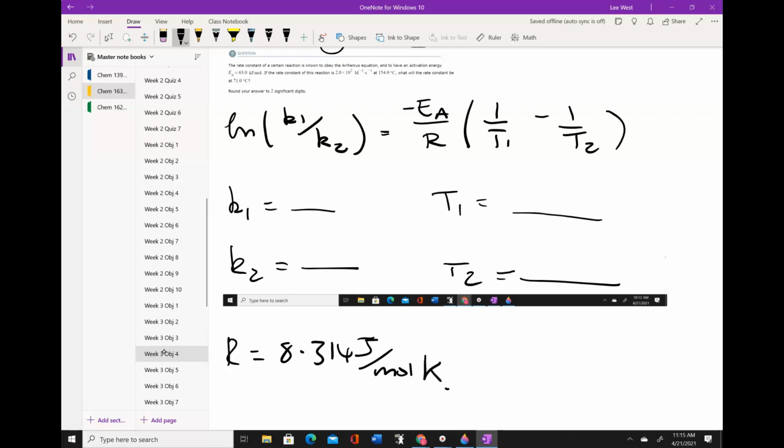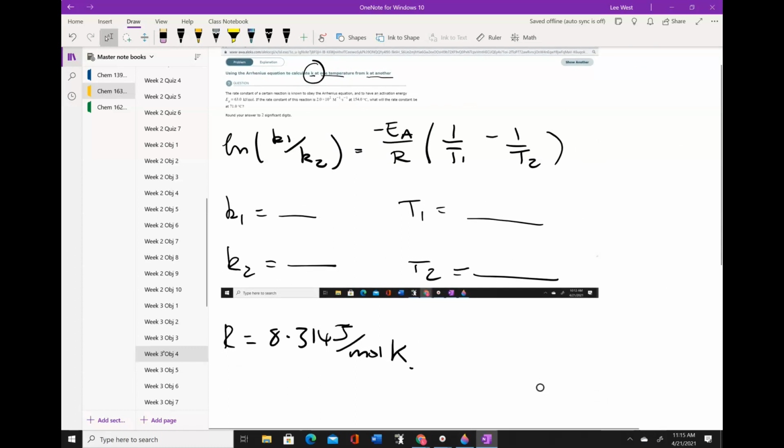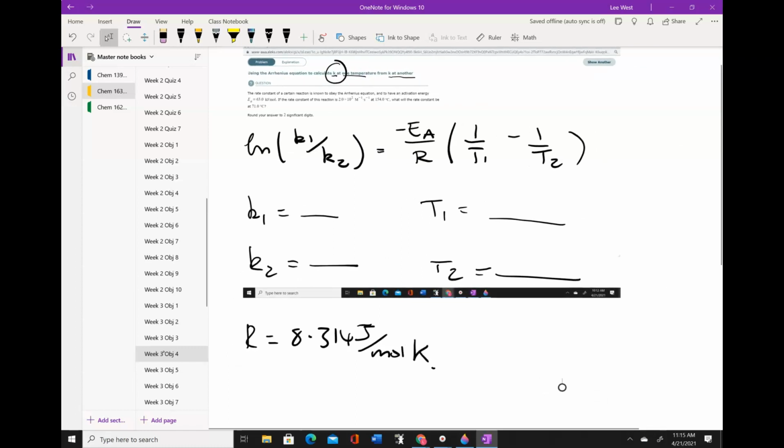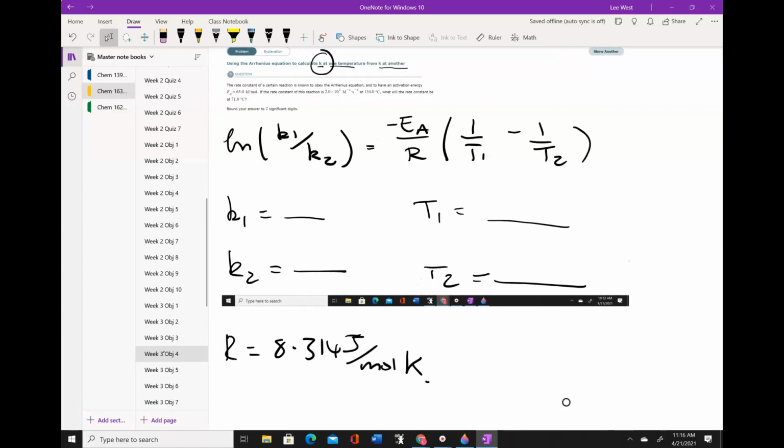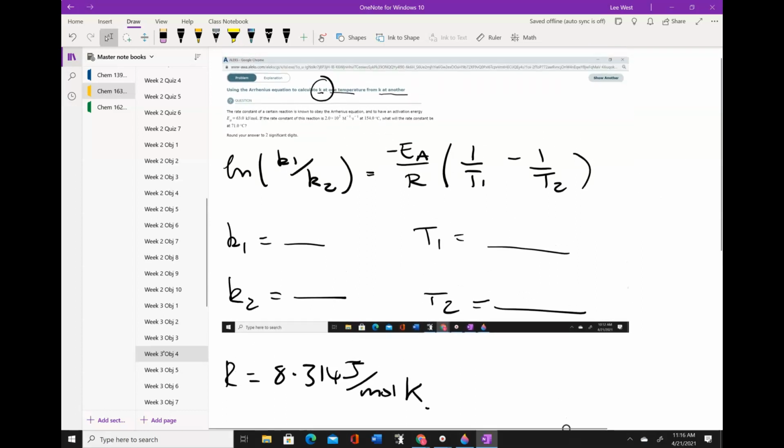So if you write your units out for your R, it kind of reminds you of the units for everything else. The other thing that sometimes is forgotten is that minus sign at the front of the right-hand side there. Now, what I'm going to do is I'm actually going to use my calculator to solve for this, but you can also use an online equation solver like Wolfram Alpha or something like that.